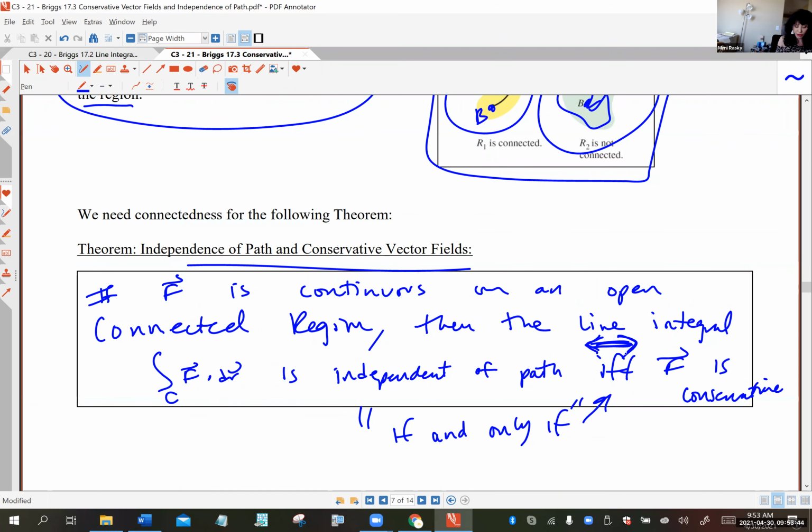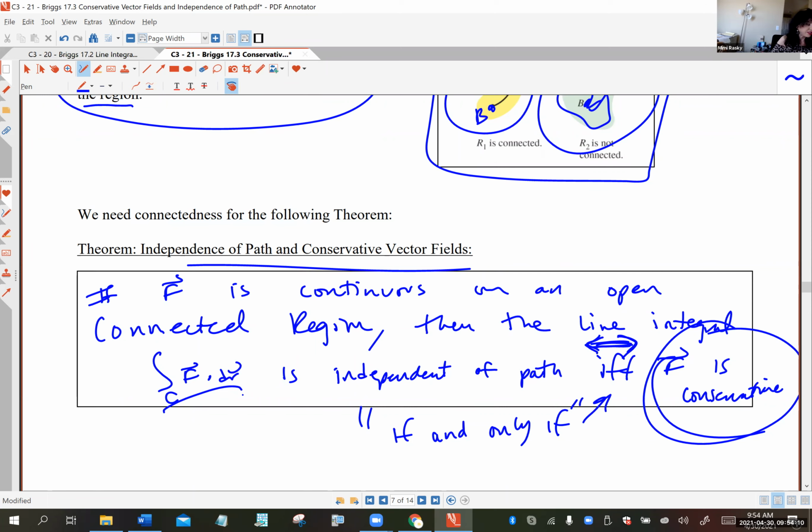So if I read it backwards, I'll start over here. If f is conservative, then the line integral is independent of path. It's still true. And I can read it in the forwards direction. The line integral is independent of path if the vector field is conservative. So both directions, it's still true. So that's the theorem for independence of path.